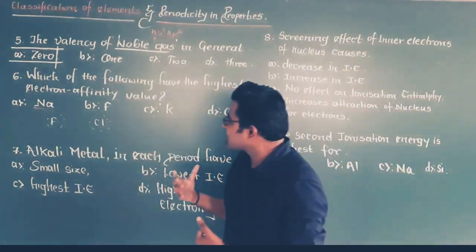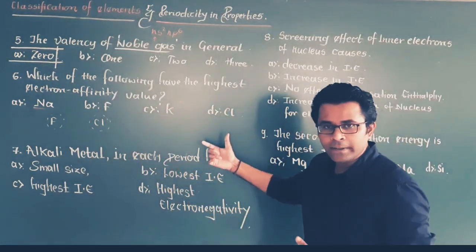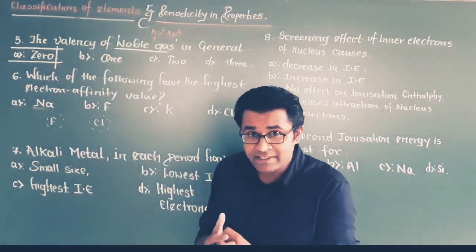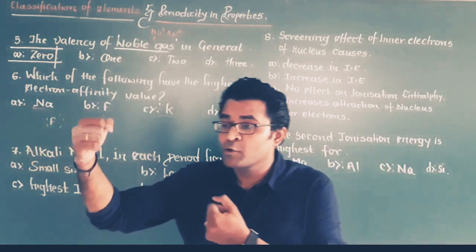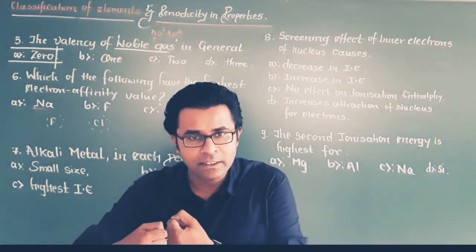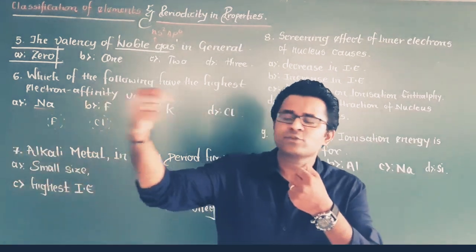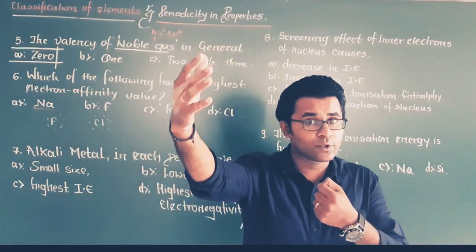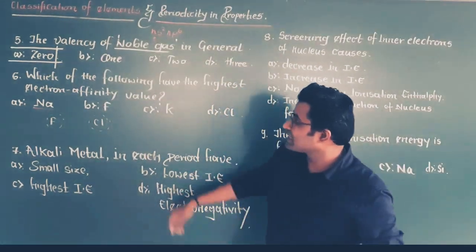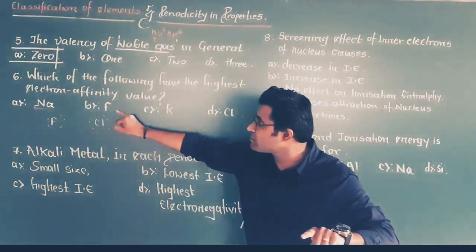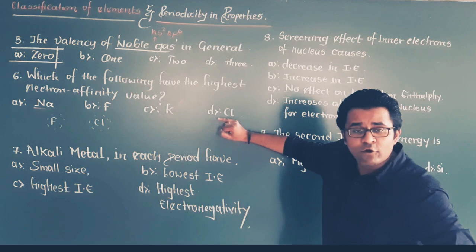Now we need to decide between fluorine and chlorine. If we speak about atomic size, smaller atomic size means greater attraction to the incoming outermost electron, right? So the moment the electron comes, attractive power is going to increase, it is going to accept the electron, energy is going to be released, and by that thought we would say fluorine, but this is not the answer. There is an exception between chlorine and fluorine.